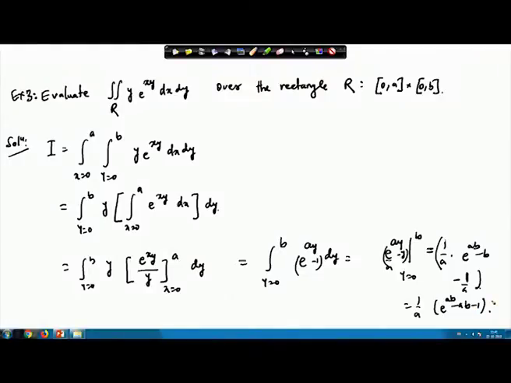So, you see that just looking at the integrand, this integrand is definitely bounded on this interval ab, and based on that I can now treat this double integral by the method of repeated integral.